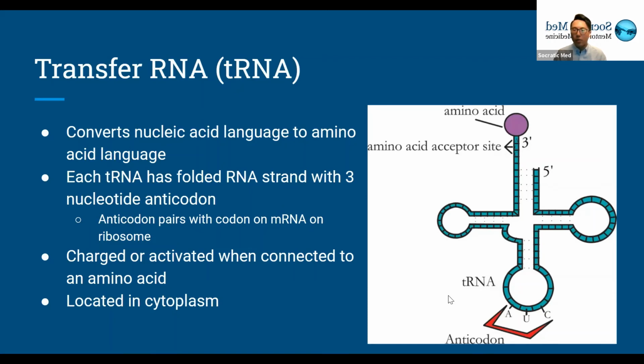That's how the ribosome uses tRNA to create the protein, by converting the codons on the mRNA into amino acids that are bonded to the tRNA, and it recognizes which amino acid it needs to use because the tRNA has the anticodon bound to it.